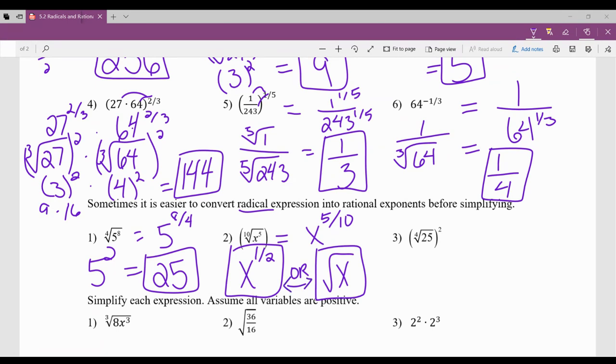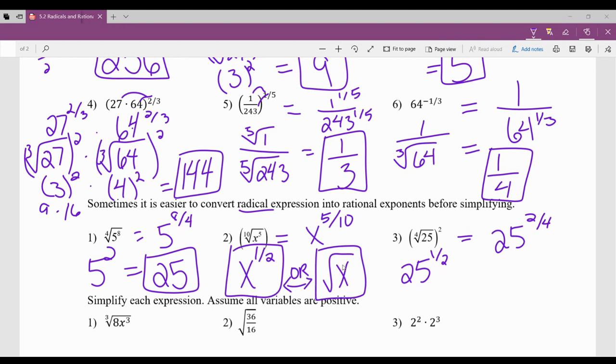Okay, so number 3, same idea. I'm going to rewrite it as 25 to the power over root, so 25 to the 2 over 4. So that's going to be 25 to the 1/2. Okay, and then I say, all right, well, can I evaluate that and simplify that further? So we're going to use the same idea that we did right over here.